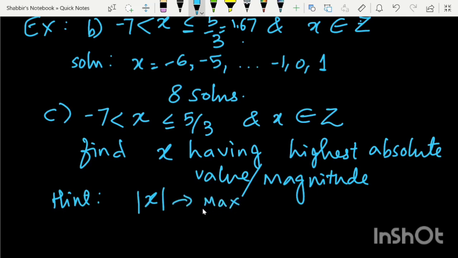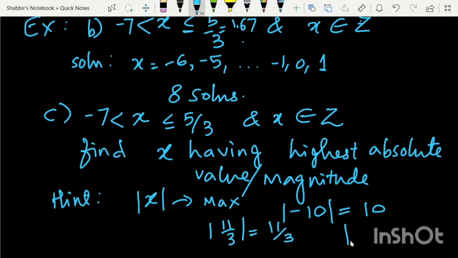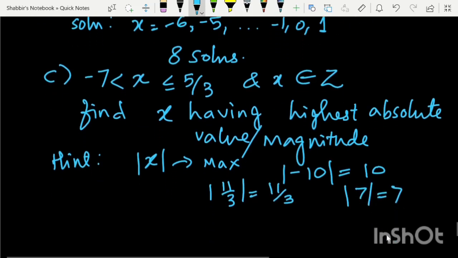What is modulus? For example, the modulus of -10 is +10. If it is a positive number like 11 by 3, it would be 11 by 3. Modulus of 7 is 7. Modulus of pi is plus pi, it is positive only.